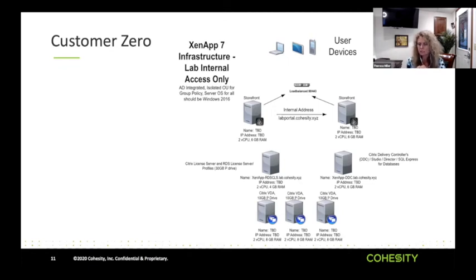So for example, on VDA 1 and VDA 2, if I had all of my Office applications installed, because I'm not using Office 365, for example, maybe I have Word, Excel, and PowerPoint installed on those, and I have 100 users, I'm probably going to be wanting to run that across 3, maybe even 4 VDAs. You're going to want an N+1.